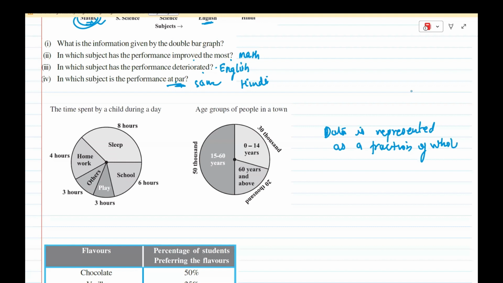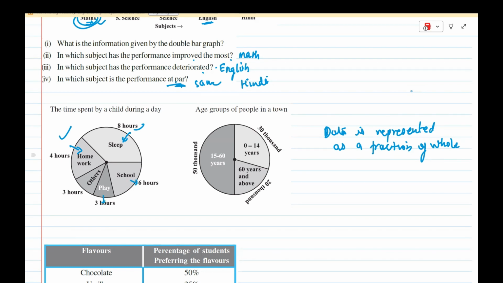Fraction of a whole. So see, out of 24 hours, here in the first graph, 8 hours is for sleep, 4 hours is for homework, 3 hours for others, maybe like playing games or watching TV, something like that, 3 hours for play, 6 hours for school.